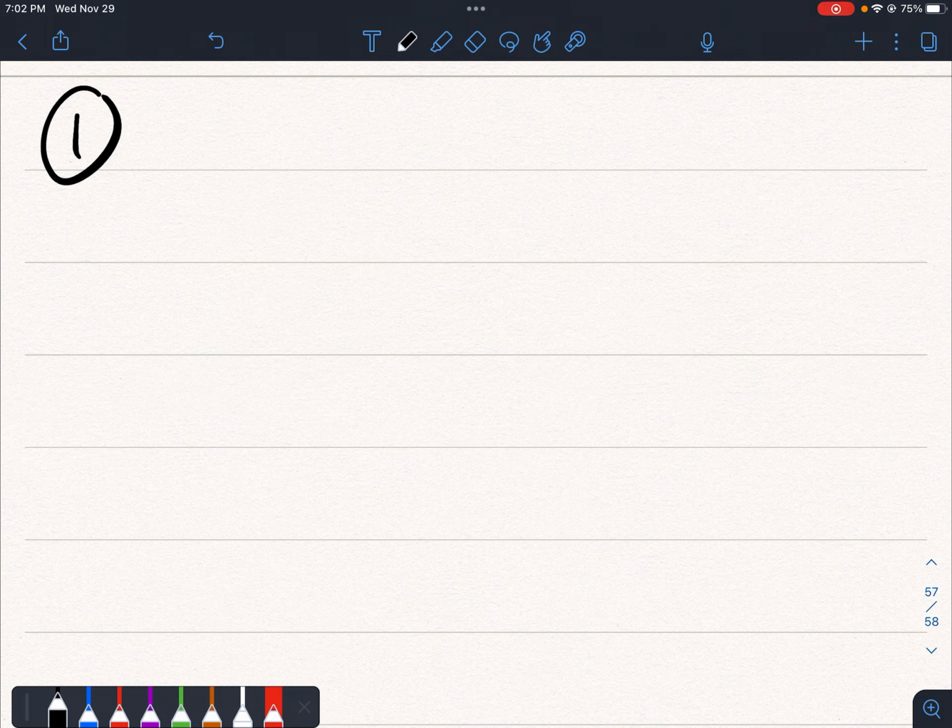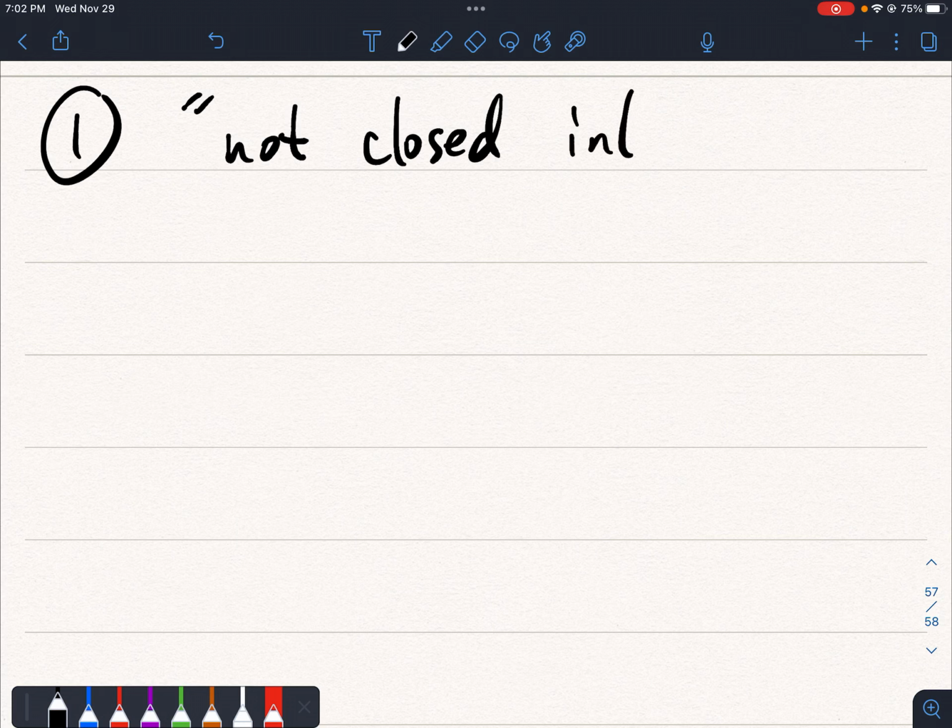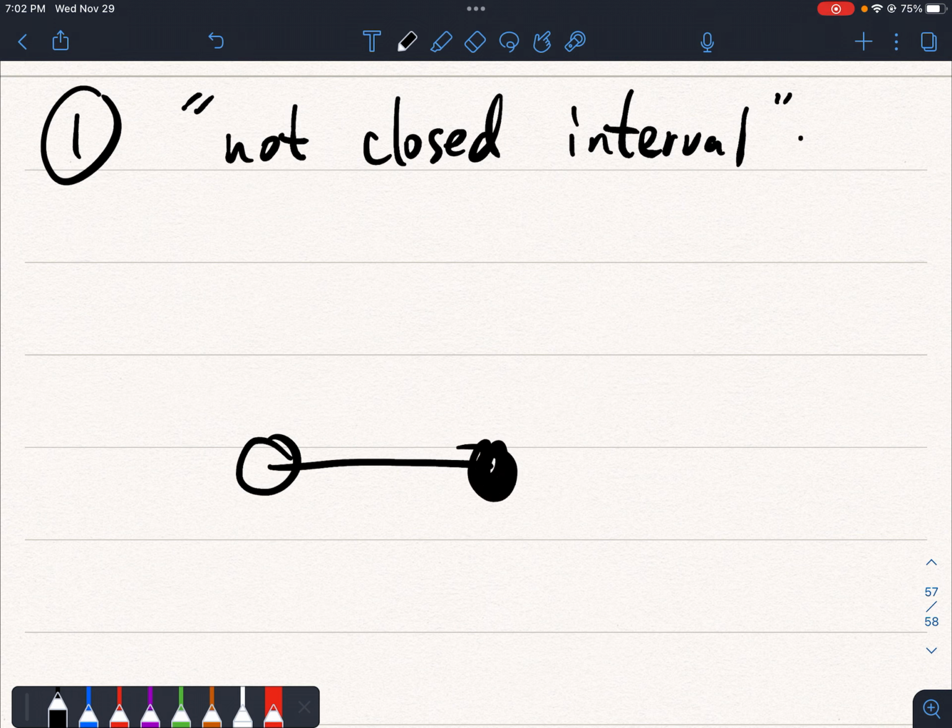So the first counterexample is what happens when the interval is not closed. Let's say it's simply (0, 1).